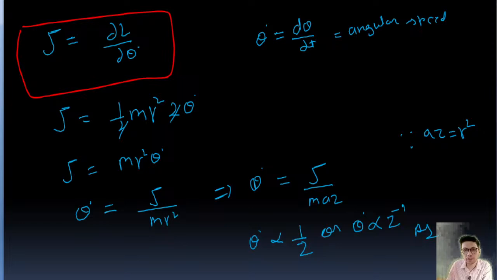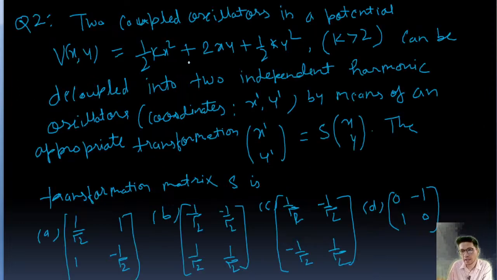Here you need to note down, guys, it's important. The normal modes of the given potential. The potential is half k x squared plus 2xy plus half k y squared.